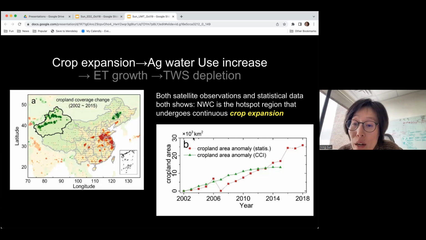In the meantime, we also look at the statistical data from the national survey. We can see that the crop area, which is the red line here, shows this huge increase in the past couple of decades. This is consistent with the cropland from the satellite measurement.